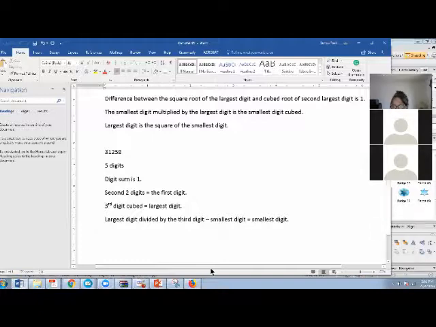Okay, what it says is 8 divided by 2 minus 1 equals 1. No, because 8 divided by 2 equals 4, minus 1 equals 3. Yeah, he said equals the first digit.